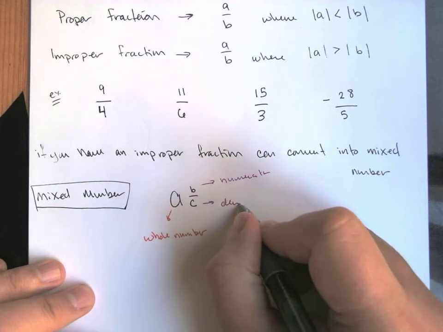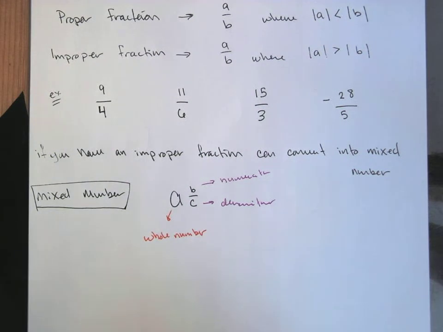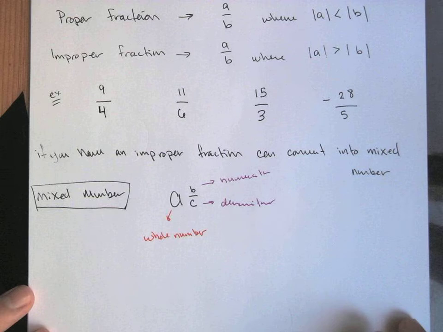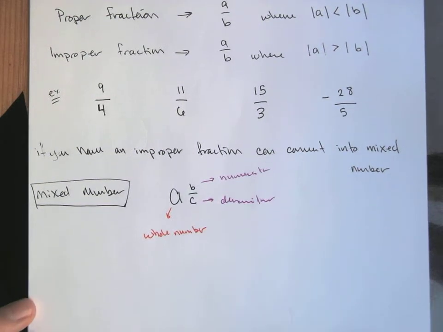The numerator and the denominator mean exactly the same things that they meant before. You have a whole value broken up into however many pieces is your denominator, and then your numerator value is however many of those pieces you have. You just have, in addition, some whole number out in front.